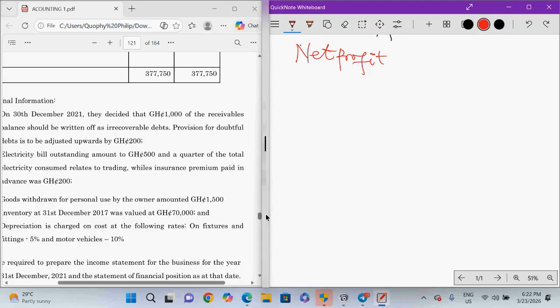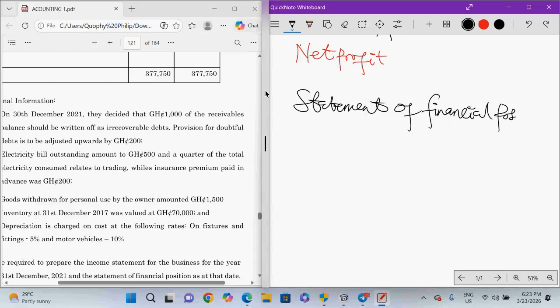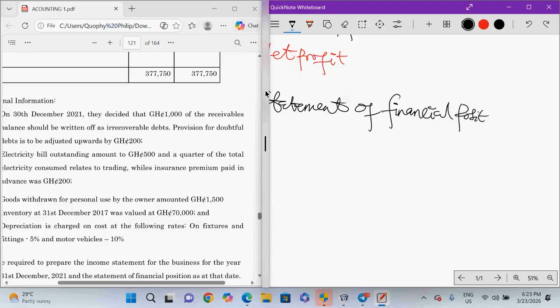Then the next thing is to prepare our financial position, which is whether we have done everything rightly or we have made an error somewhere. If you check and you have made an error, now we see our exam, so go and do it. Statement of financial position. So here too, you write the name of the entity.